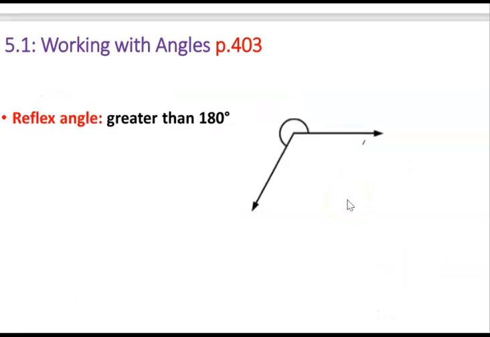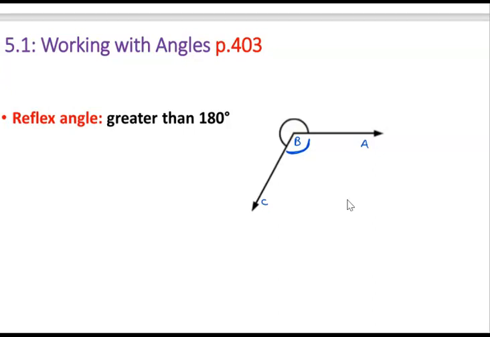When we have an angle like we named angle ABC, we're often looking for that angle B on the inside. But we can also determine the outside angle if we know what angle B is. So again, that 360 will help us to be able to determine. And so that outside angle is called a reflex angle.